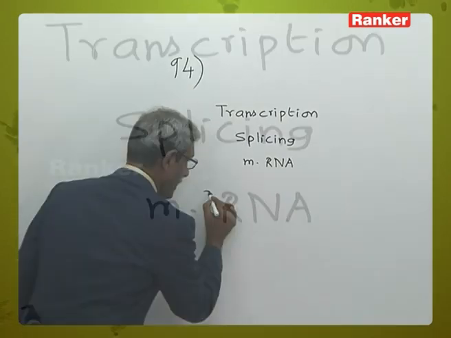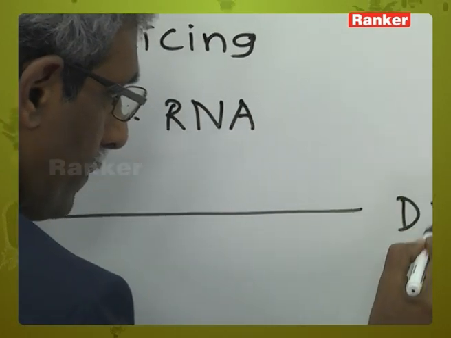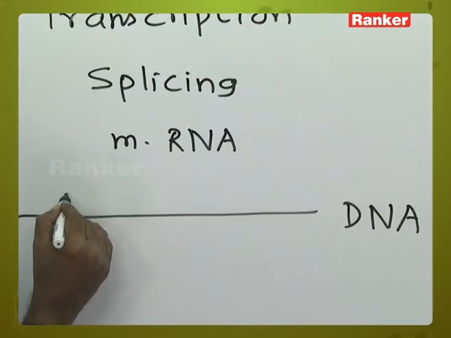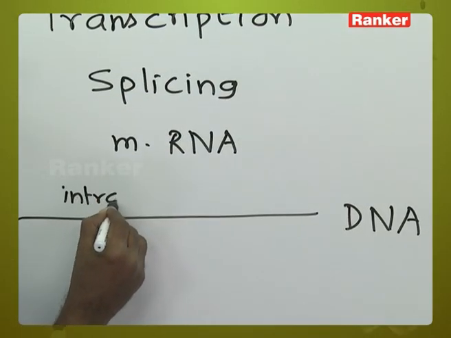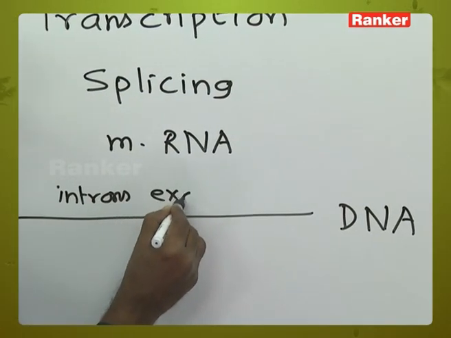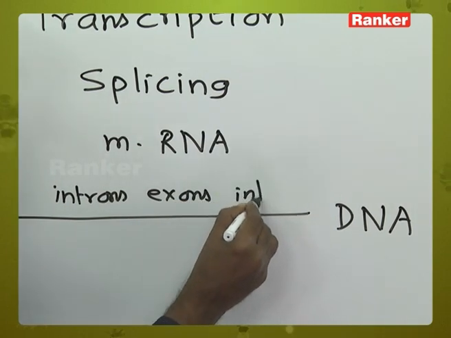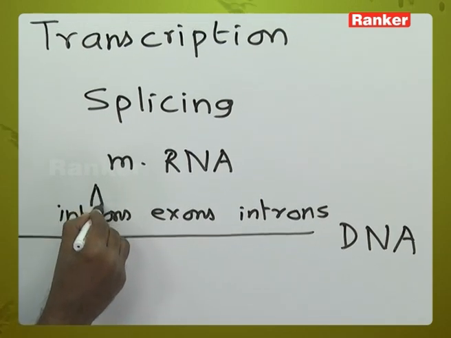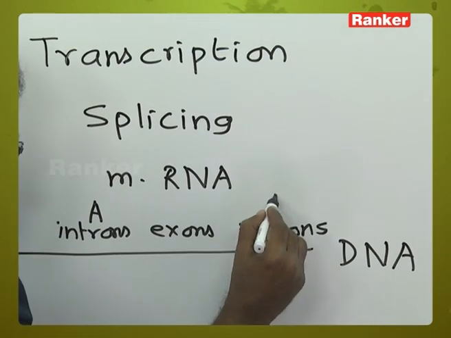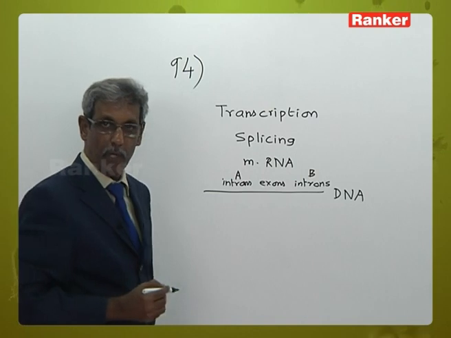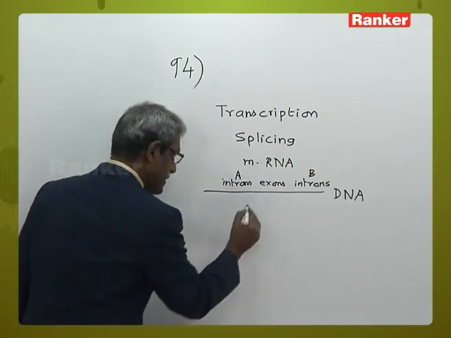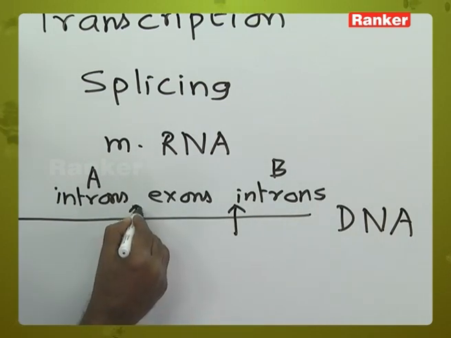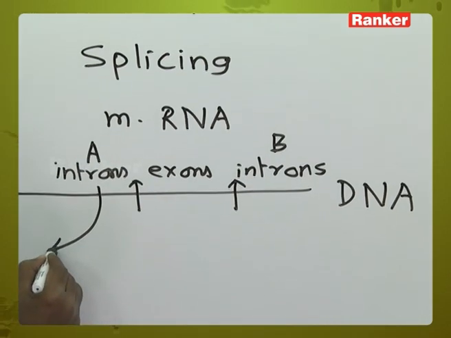So if we have a DNA sequence and the DNA is made up of introns and exons, if this is A intron and this is B intron, we use restriction enzymes which can cut across here. Thereby, the intron piece is removed.